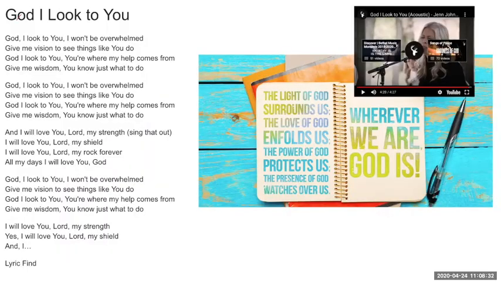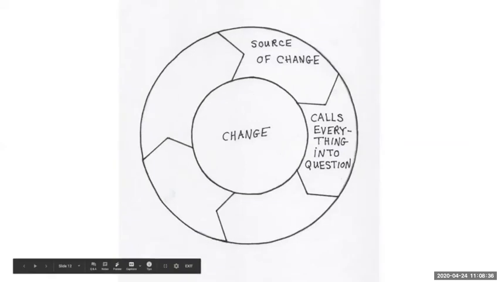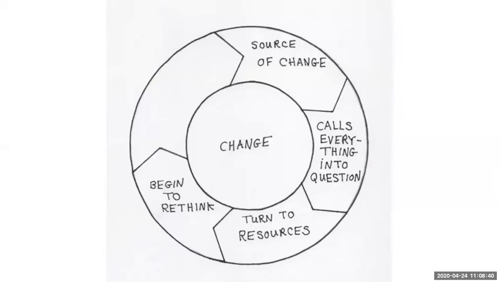And maybe in that holding on, that enables us to begin to rethink our situation, to begin to rethink about how we see it and clarify what we can do, maybe what we can't do, what do I need to let go of, and what do I need to look forward to.